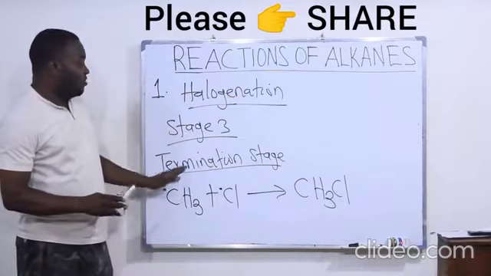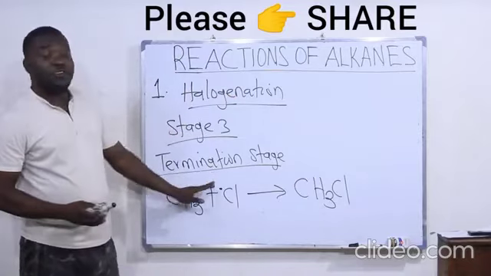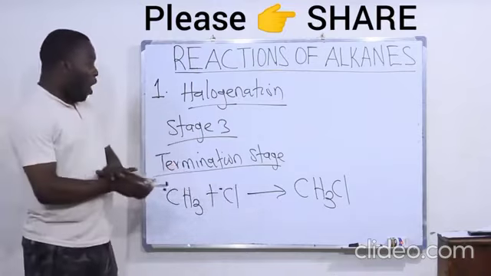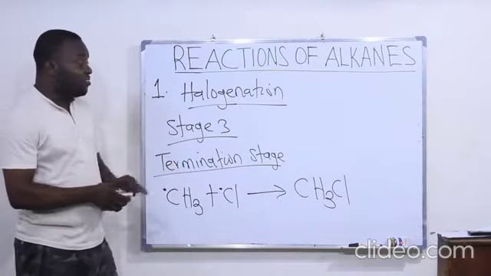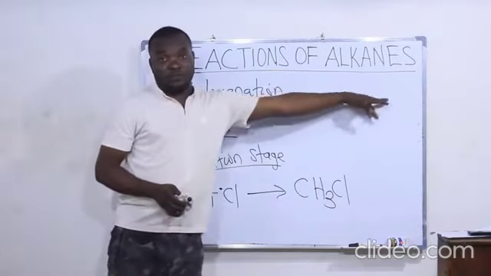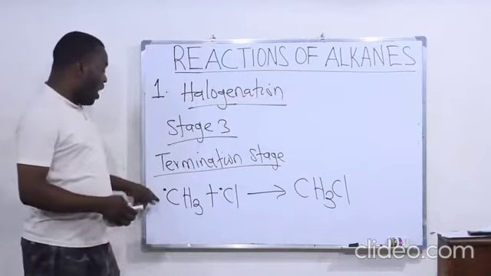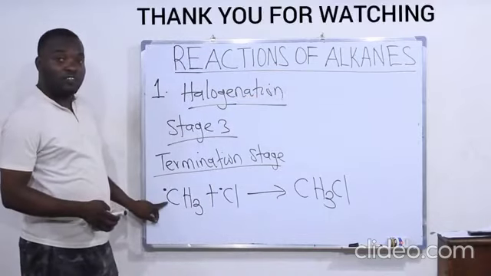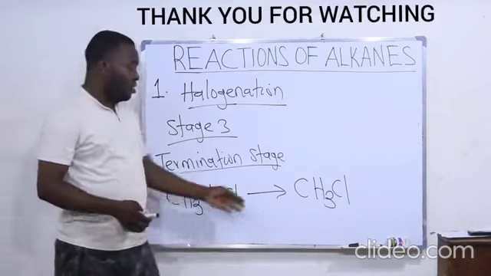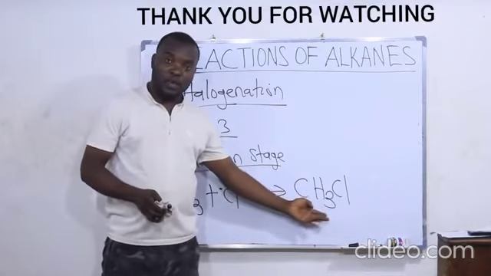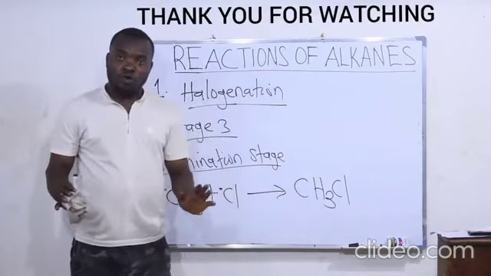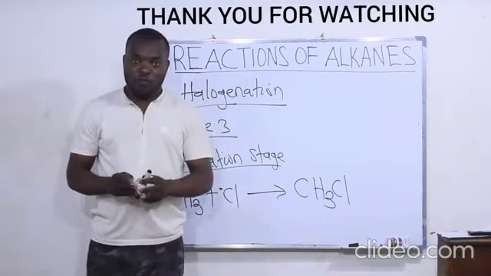The third stage is the stage we call the termination stage. What happens at the termination stage is that the remaining free radical will go and take the position of that H that was knocked out from the alkane, giving us a chloroalkane. Those are the 3 stages of halogenation.